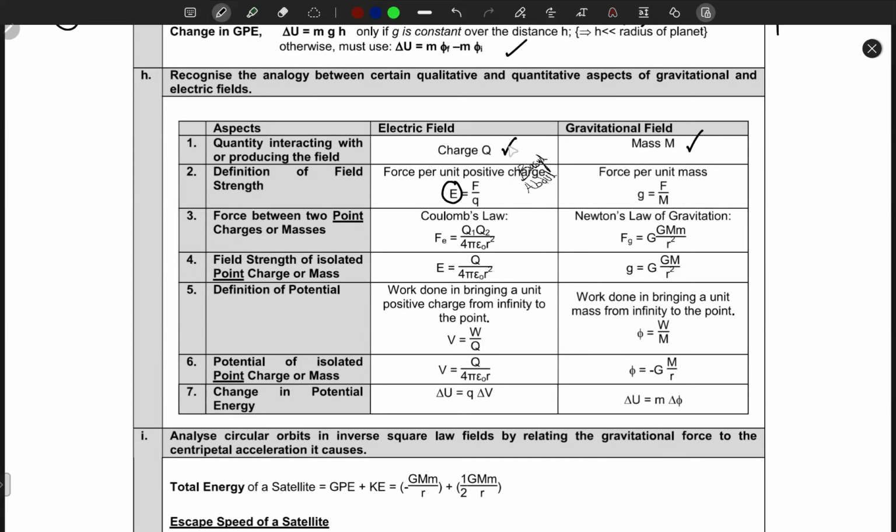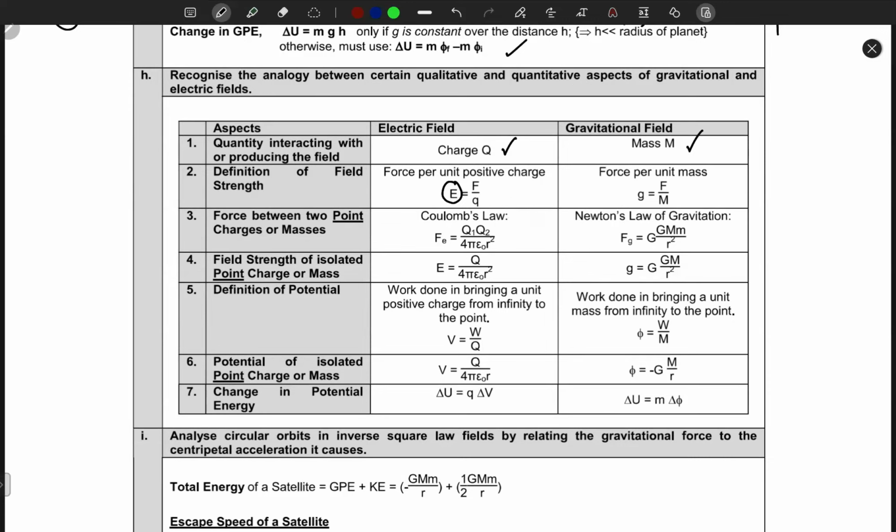In electricity and magnetism, you also have another type of field, which is the magnetic field. But in reality, those two fields, electric field and magnetic field, are the same thing. They are like two sides of the same coin.